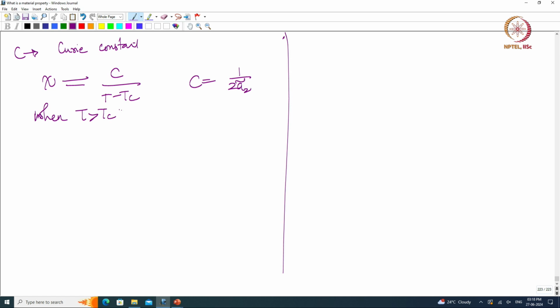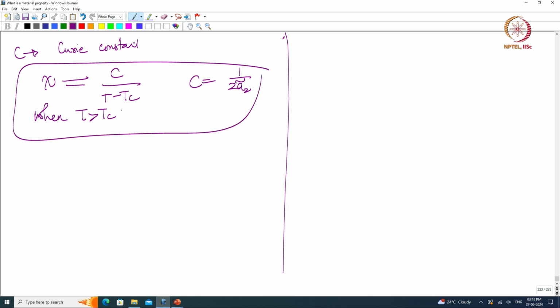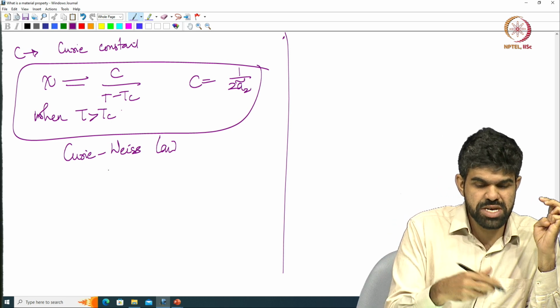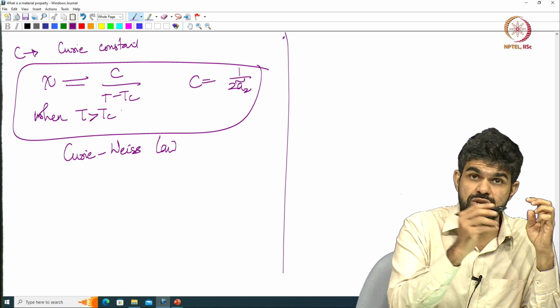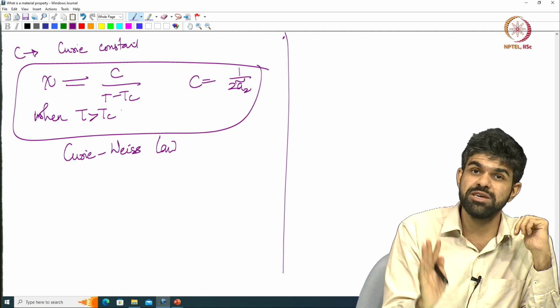Okay. So, what is this? This is nothing but the Curie-Weiss law, that you may have studied in other courses, where susceptibility goes as 1 over T. As you keep approaching temperature T equal to Tc, susceptibility goes to infinity, but as 1 by T.